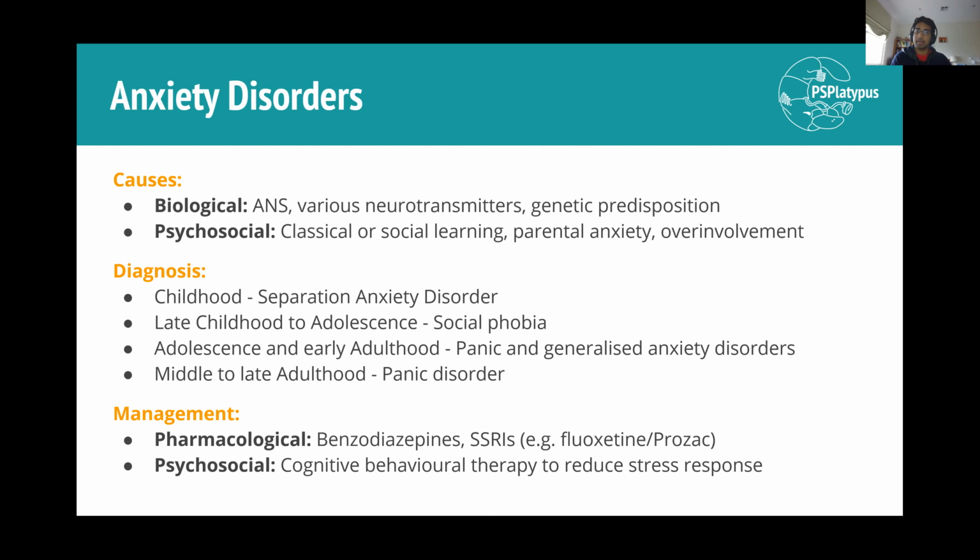So benzos and SSRIs again, and psychosocially, we can look at cognitive behavioral therapy. And again, remember, pharmacological and psychosocial treatments are not in opposition. So we don't pick one or the other. We usually do both, and we try to synergize them as much as we can.